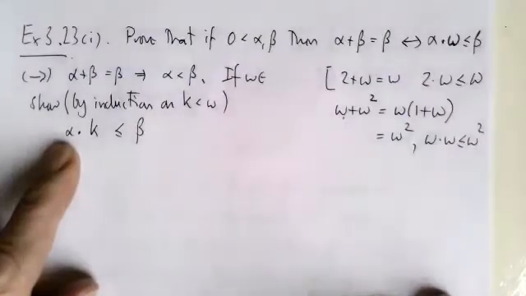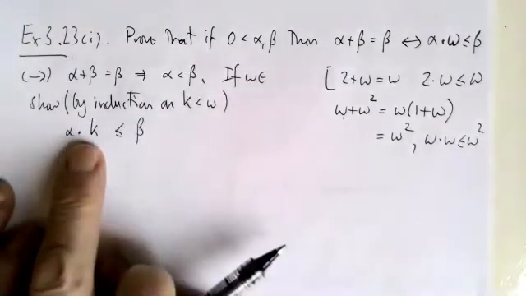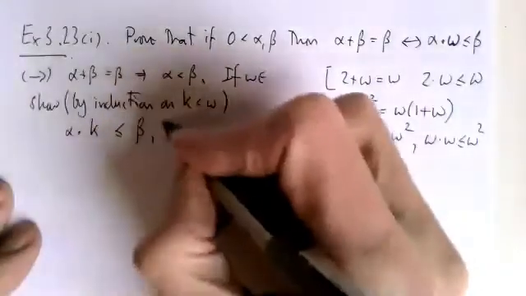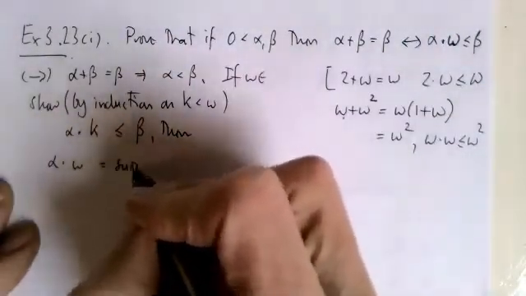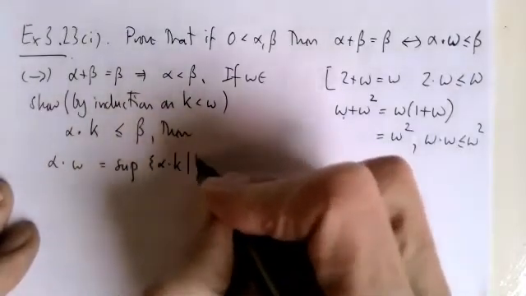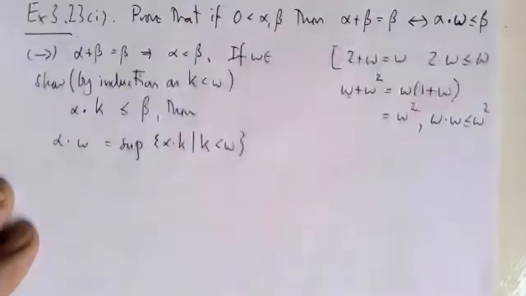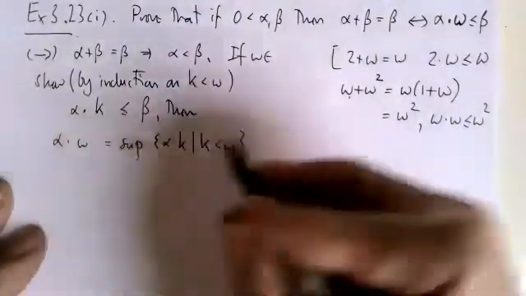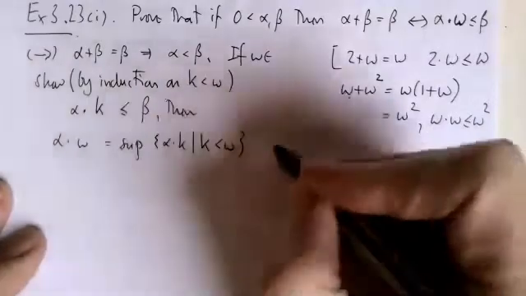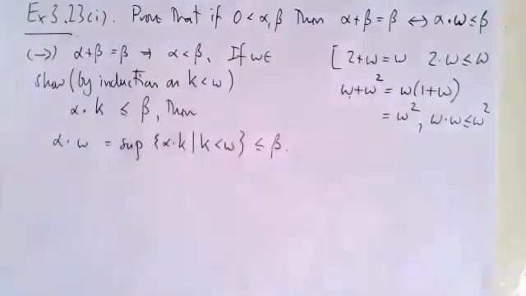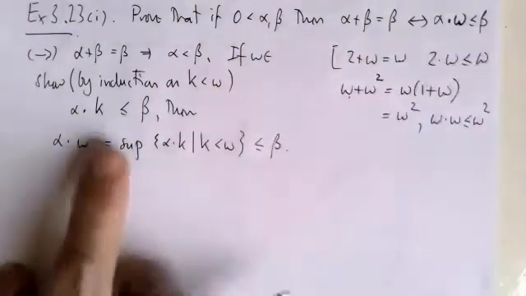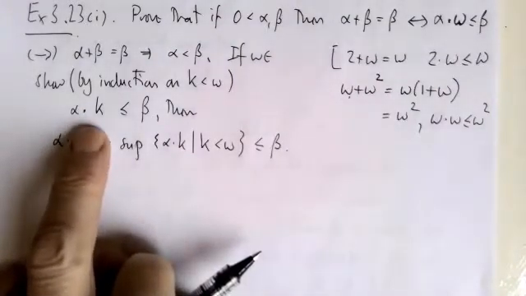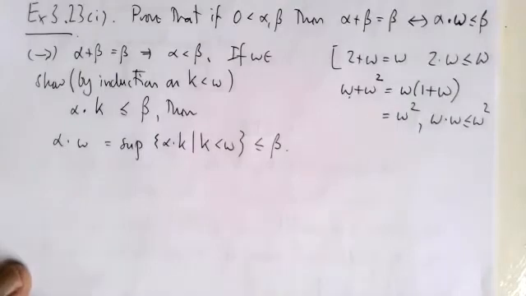This is just alpha added to itself k times. If I know this for all k less than omega, then alpha times omega is by definition the supremum of the alpha times k's for k less than omega. So all of these are less than or equal to beta, so this is less than or equal to beta, which is what we want. So the tactic is just to prove that alpha times k is less than or equal to beta.